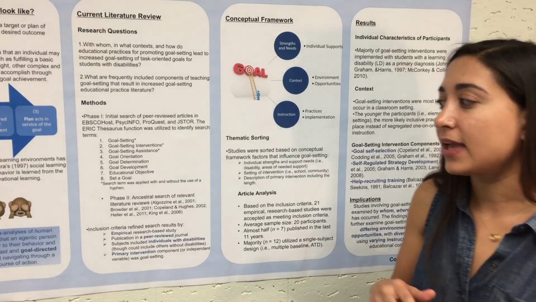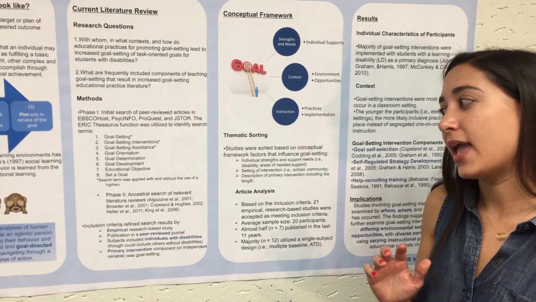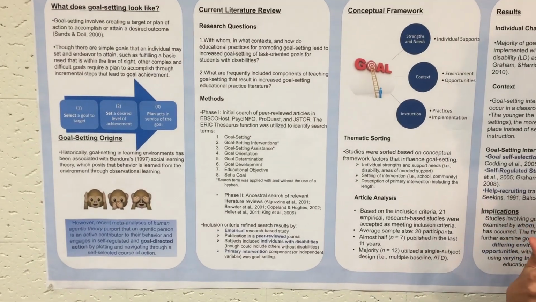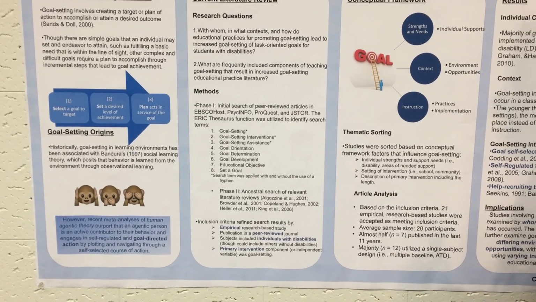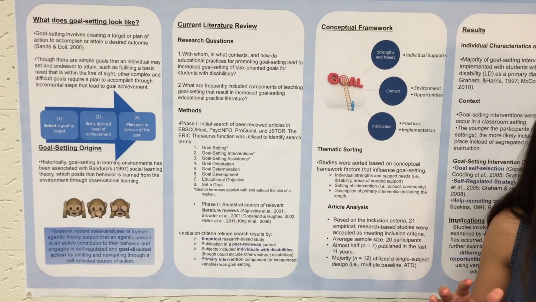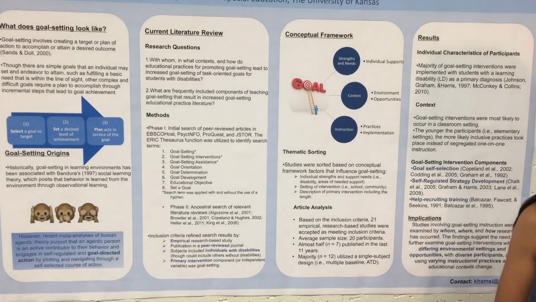They are an active contributor through acting in goal-directed and self-regulated planning to navigate through different actions to get to their goals. So it's not that a person is just learning by observing something; they actually have to contribute.